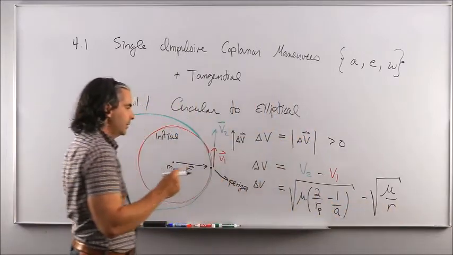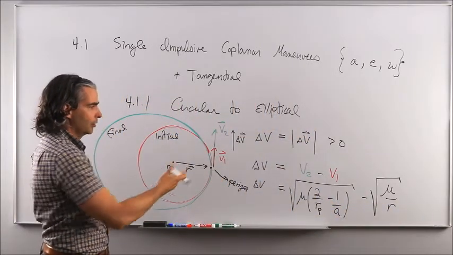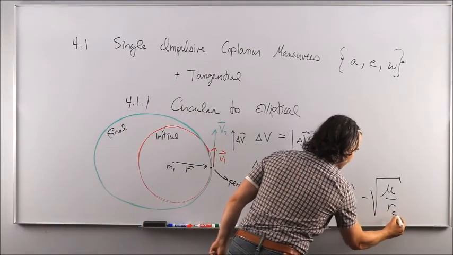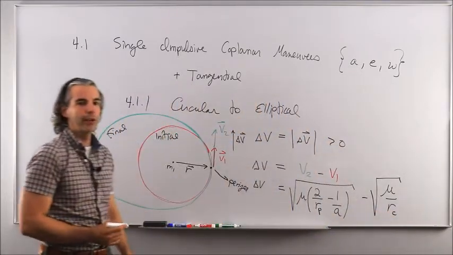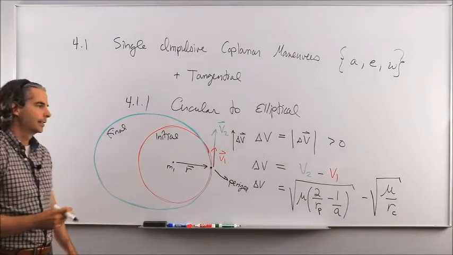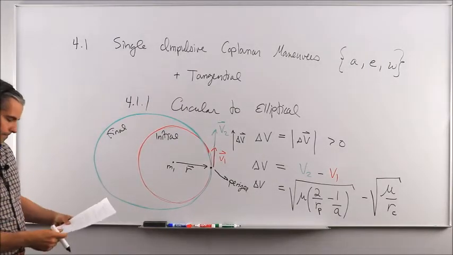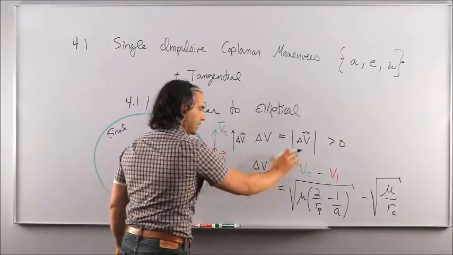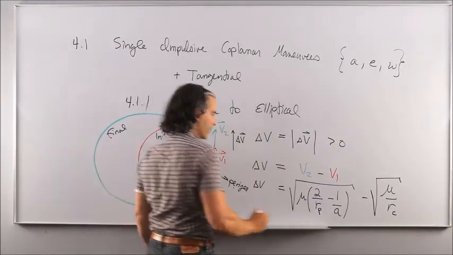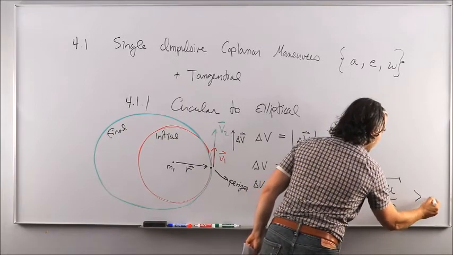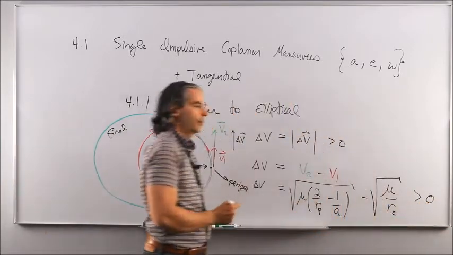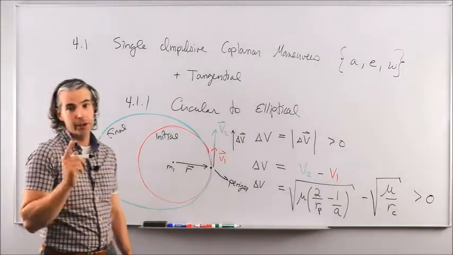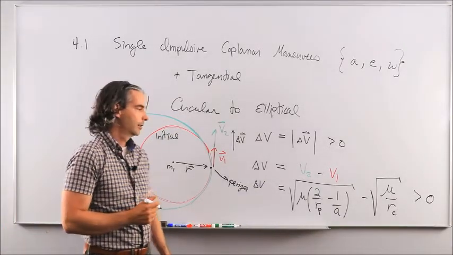But here, just to be more accurate in the way I write things, I'm going to say that this is the radius of the circular orbit, and therefore name it rc. Okay? And if you do things in that specific order, you will for sure end up with a positive number, and that will make me happy when I mark your copy of the exam, and that will make you happy because you're going to get a good mark. Okay?